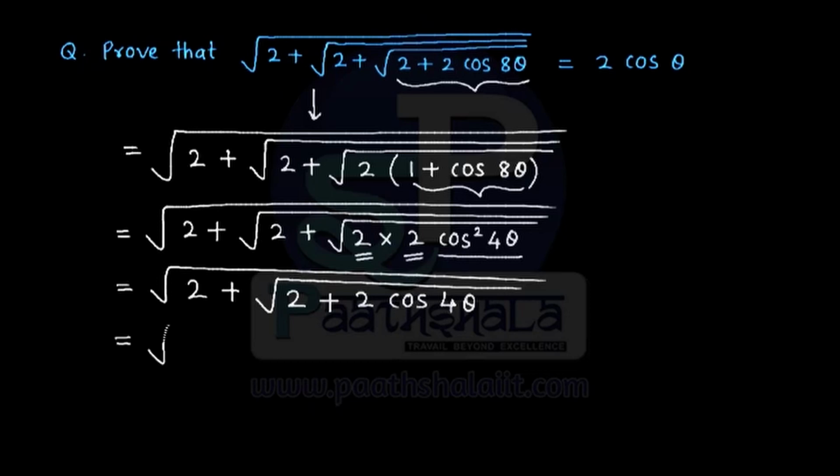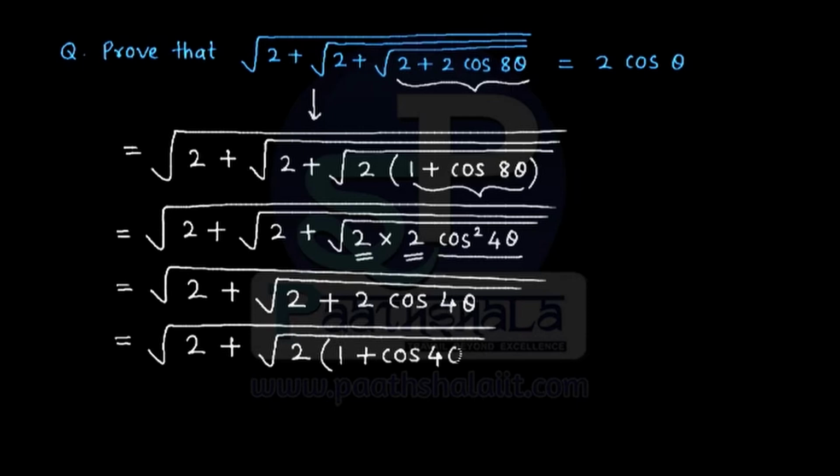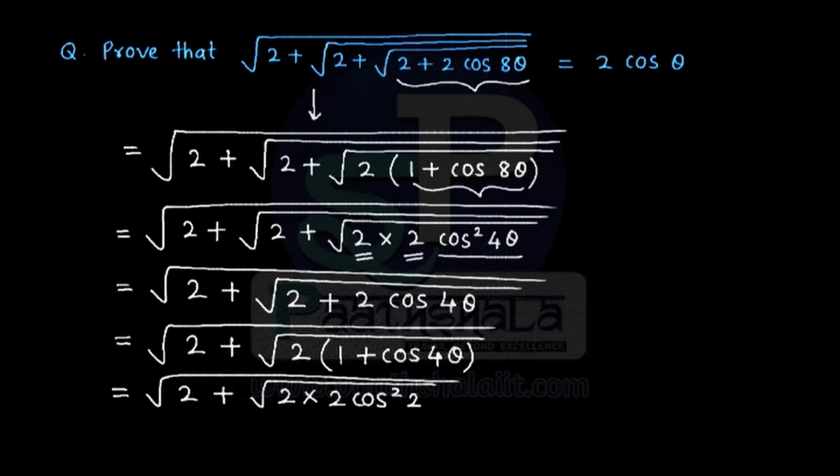Now from this term also we can take 2 common, thereby leaving 1 plus cos 4 theta. So that further equals 2 plus root of 2 into 2 cos square 2 theta.